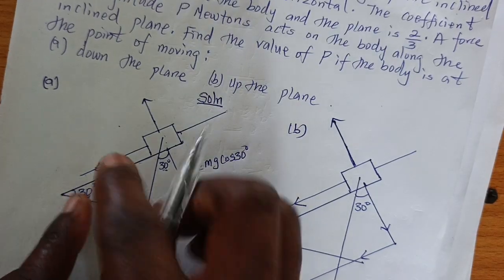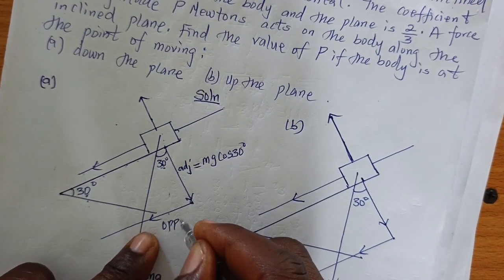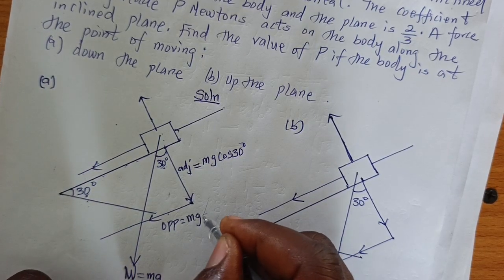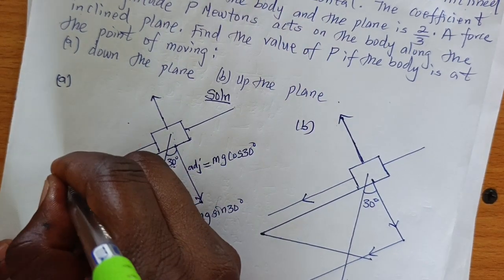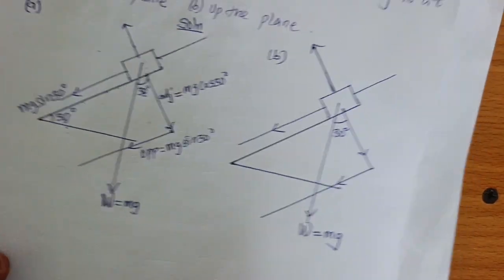The one parallel to the plane, because this side is opposite the angle, and opposite is sine, will be mg sin 30 degrees.